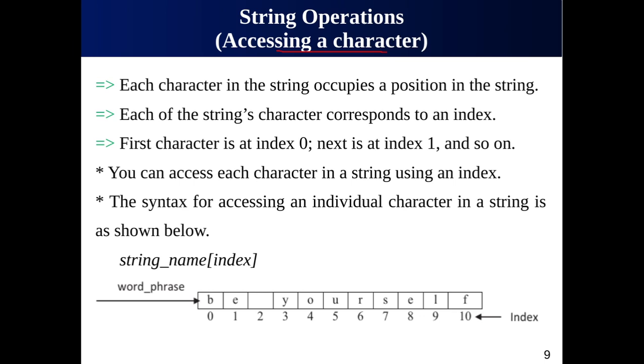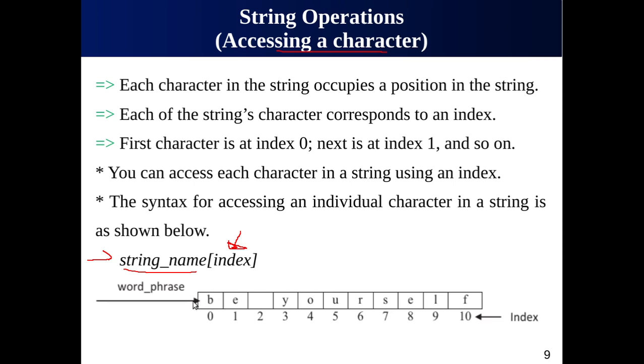The first character is at index 0, the next character is at index 1, and so on. And the length of a string is the number of characters in it. So you can access any character of a string by using the indexing. For that, we have to use the square bracket. The syntax is like this: name of the variable and then the index, the position, the location of the character that you want to access.